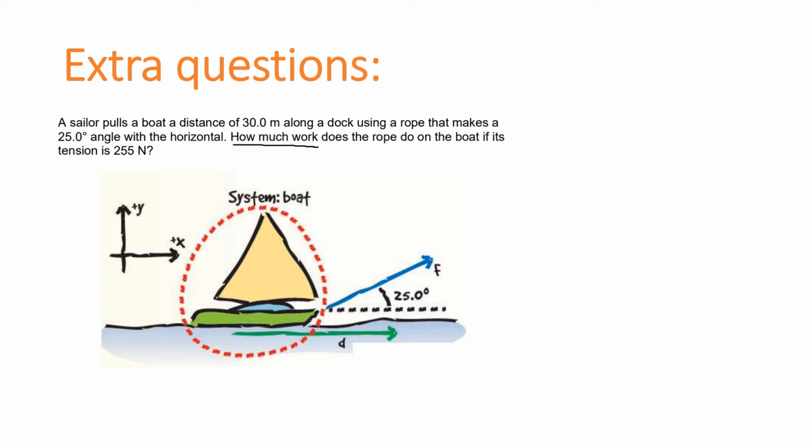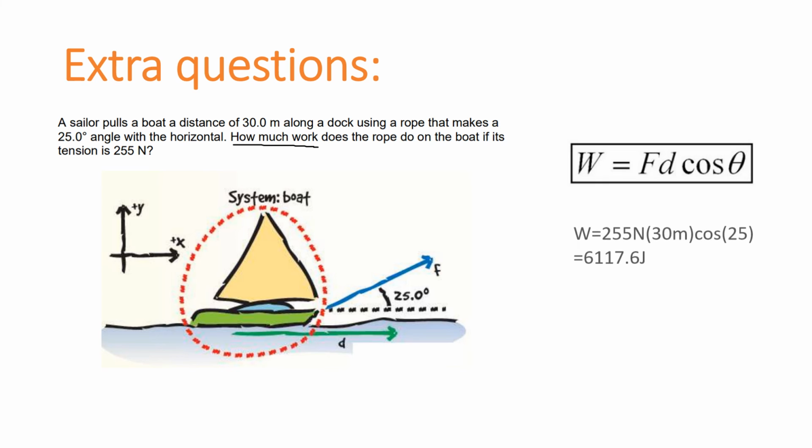We know the equation of work, which states work equals force times distance times cos theta. And we have the angle, which is 25, so we can use cos theta. So what we're going to do is 255 times 13 meters and cos 25, which would give us 6,117.6 joules of work.